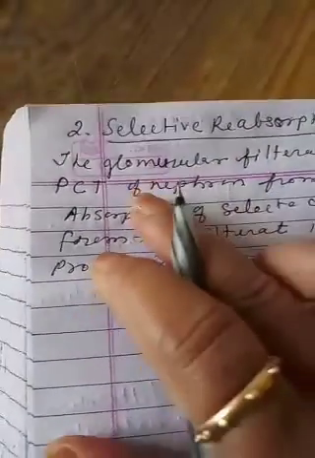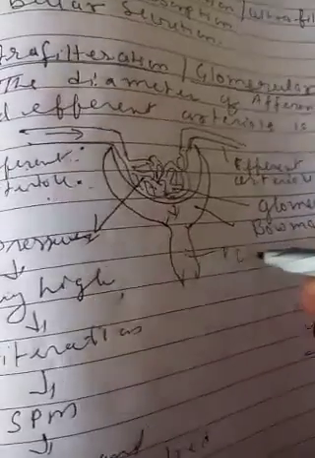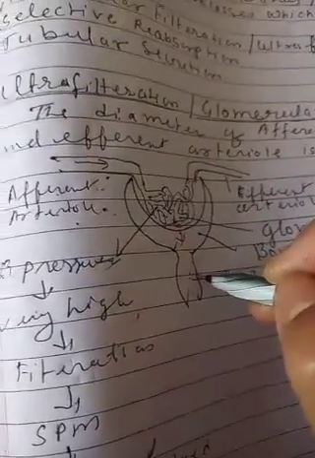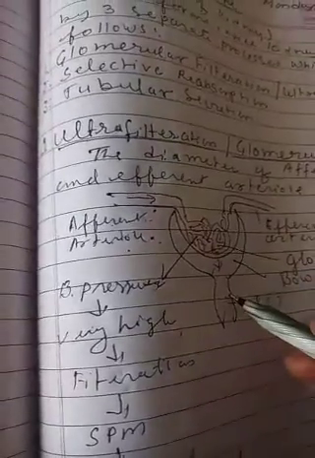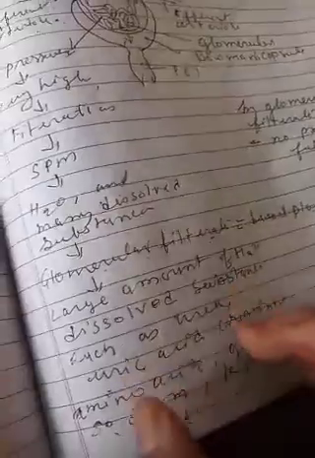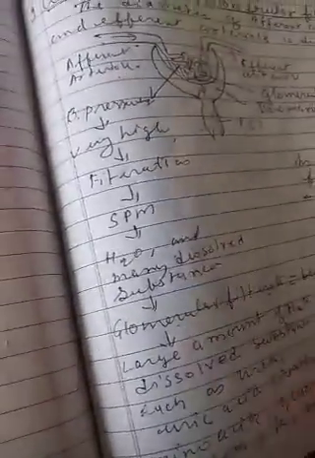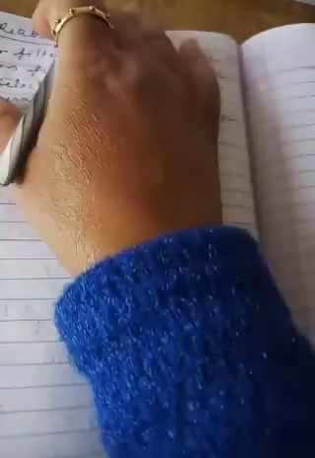That means glomerular filtrate from the Bowman's capsule enters into the proximal convoluted tubule of the nephron. It contains many substances, so some substances are reabsorbed by the blood.